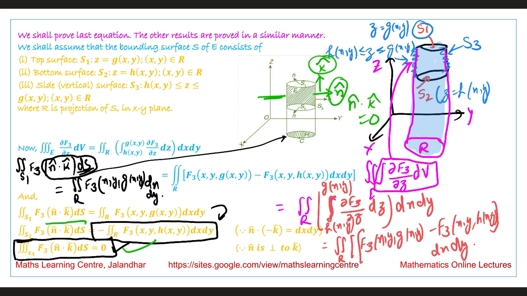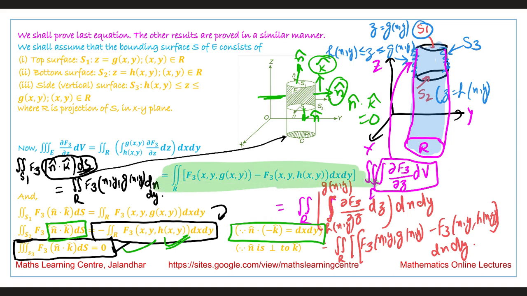In this case, we have n cap dot dS, where the value of n cap is in the direction of z, and over here it is in the opposite direction of z, so n cap dot k cap is equal to minus 1, so we are writing the value in this form. So from both these results, look at this value.